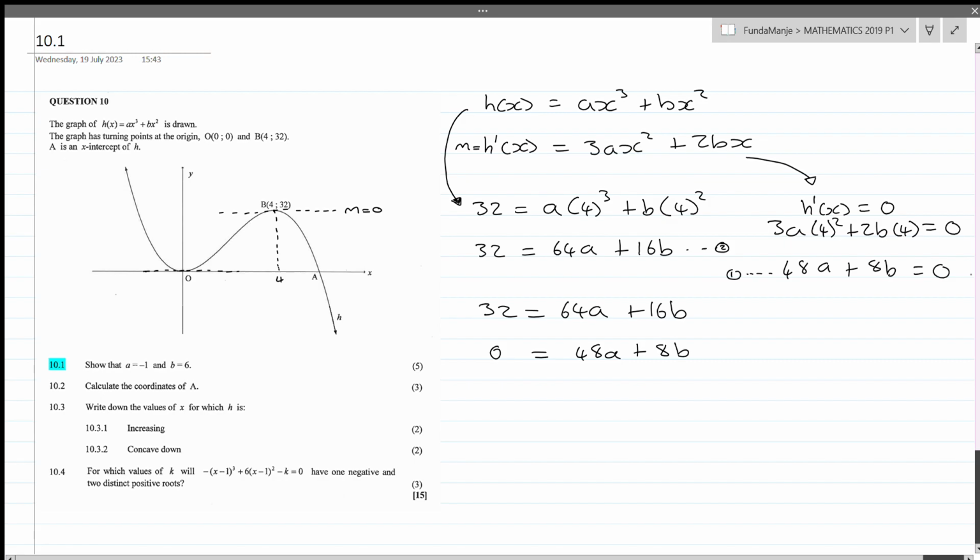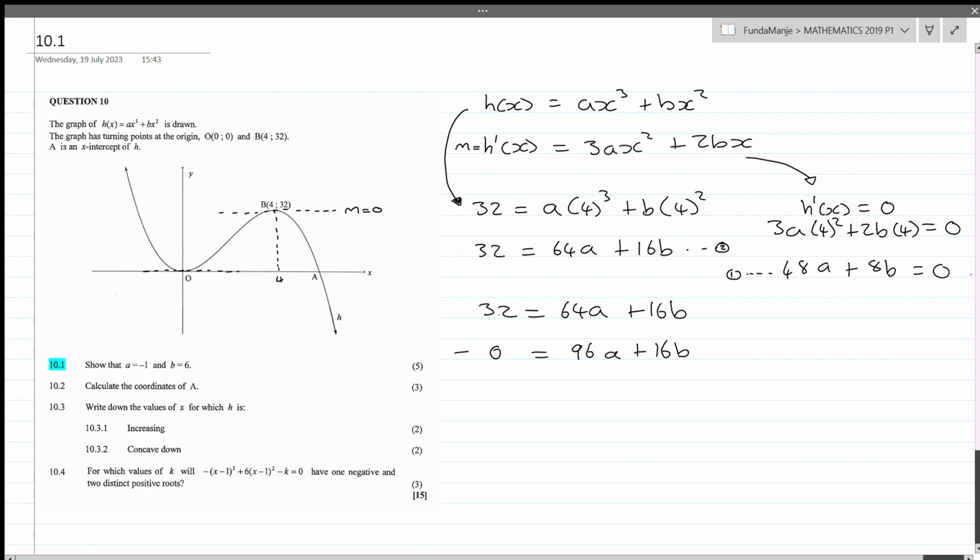Then I'm going to multiply this second equation by 2, so everything is going to double. 48 times 2 is 96, 0 times 2 is just 0, and 8b becomes 16b. Then I can subtract these two equations.